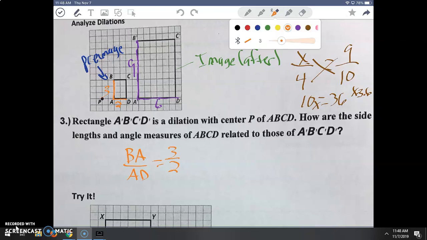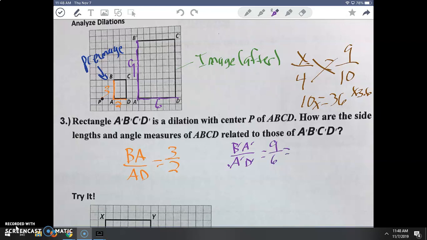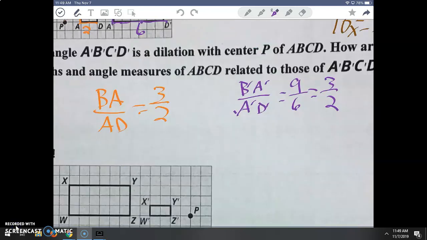Now let's take a look at the other image, where you have B prime A prime over A prime D prime, and that is 9 over 6, which, when you simplify it, is also 3 over 2. So you notice that they are the same. Now I'm going to erase that, and we're going to talk about doing the scale factors.